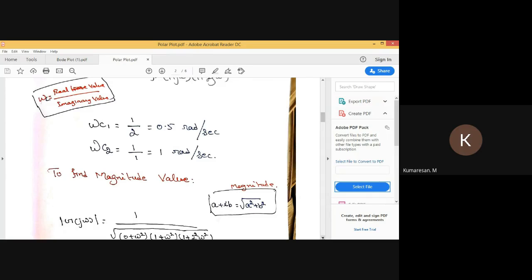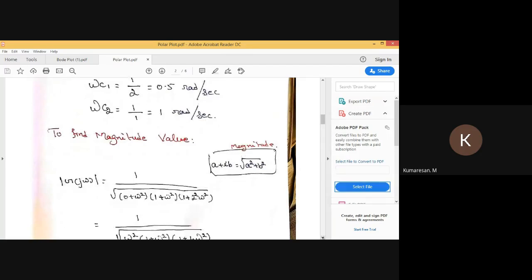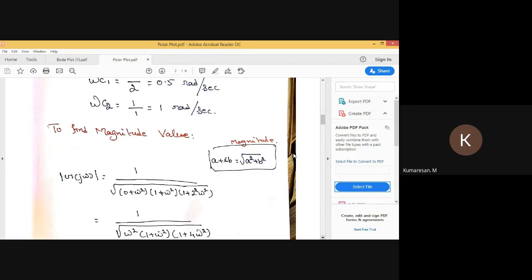Now we are going to find out the magnitude and phase angle. First we find the magnitude value. We know the formula: the magnitude of a plus ib equal to root of a square plus b square.